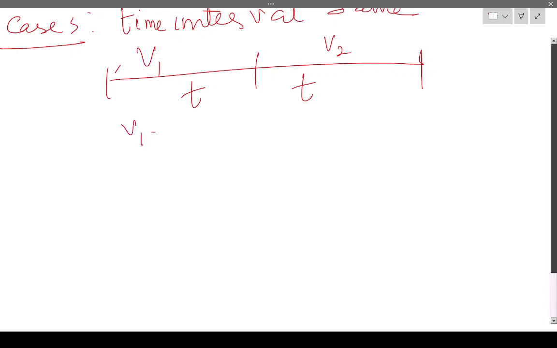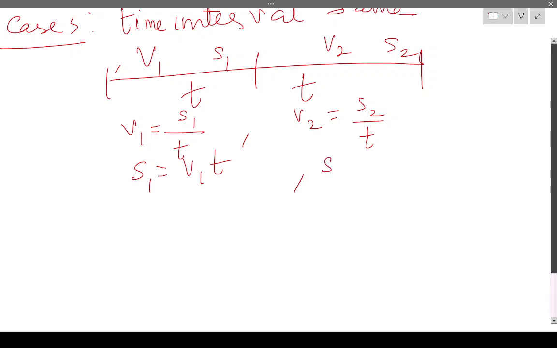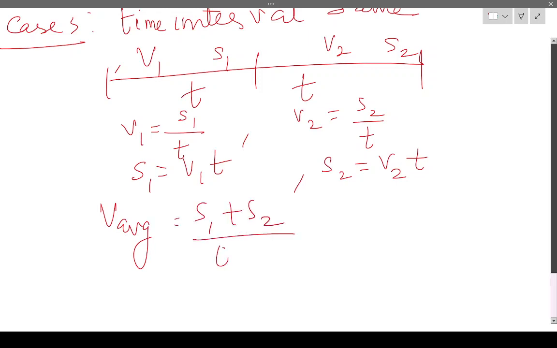Here the v1 is equal to, let us assume this is going to be s1 and this is going to be s2, so v1 is s1 by t, and here v2 is equal to s2 by t, and s1 is going to be v1t, and s2 is going to be v2t. Okay, so v average is nothing but s1 plus s2 by t plus t.